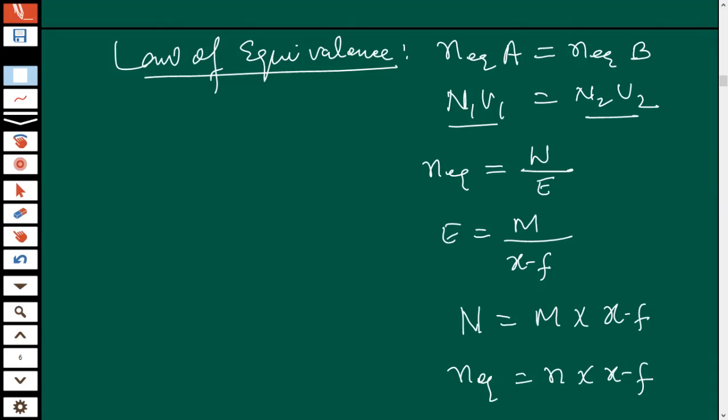The name of this chapter is some basic concepts of chemistry and stoichiometry, and titration. And titration you will find in the practical manual.